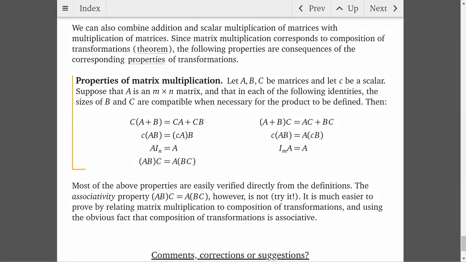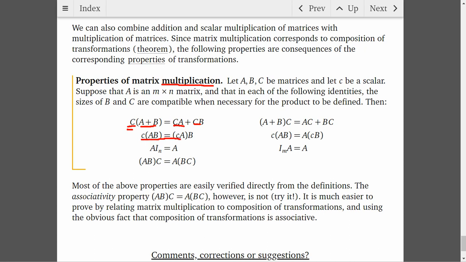And then for matrix multiplication, matrix multiplication distributes, right? So I can do A plus B and then multiply by C on the left, or I can multiply A by C on the left and then multiply B by C on the left and add those. So that works.